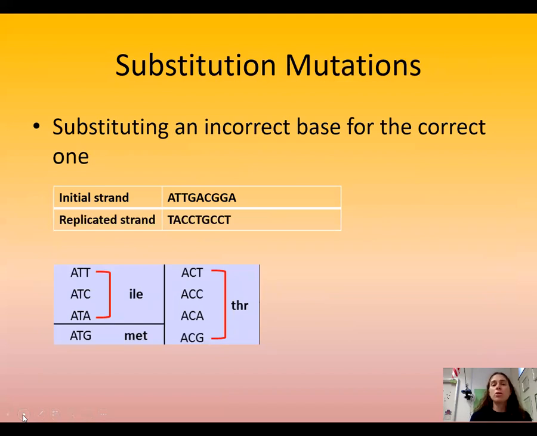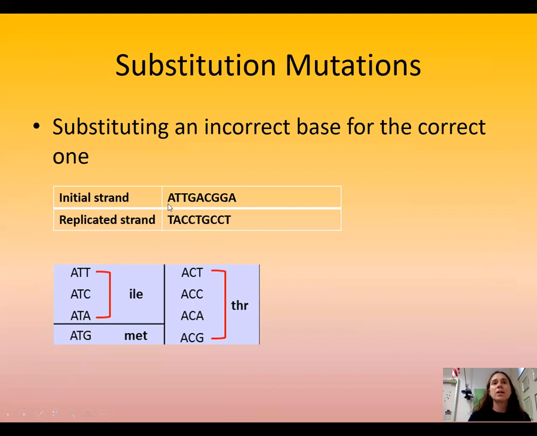So there are three main types of mutations. One is called a substitution mutation. And what that is, it is literally substituting an incorrect base for the correct one. And this would happen during the S phase of mitosis, and then your replicated strand would be different. And so then in meiosis, you would end up with a different DNA strand than you had originally, okay?